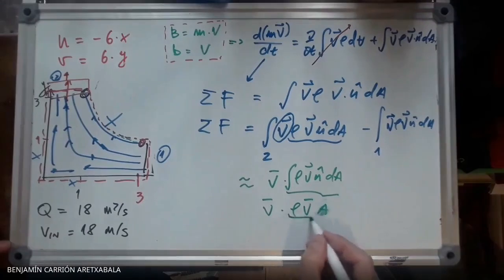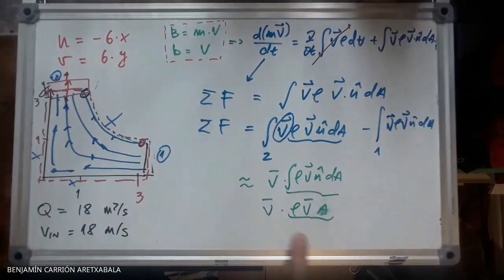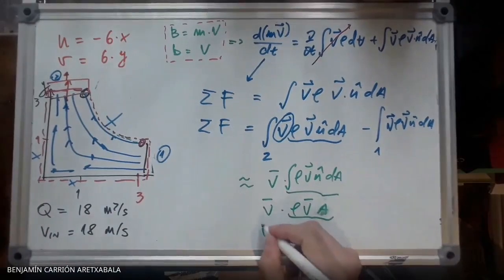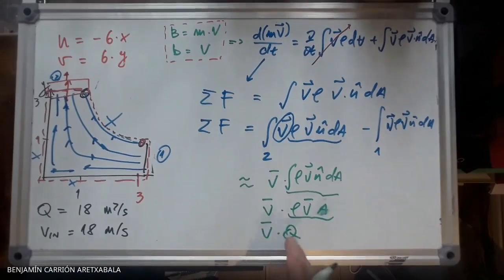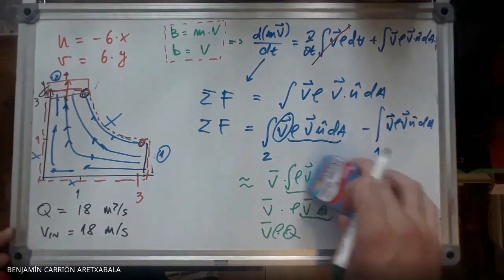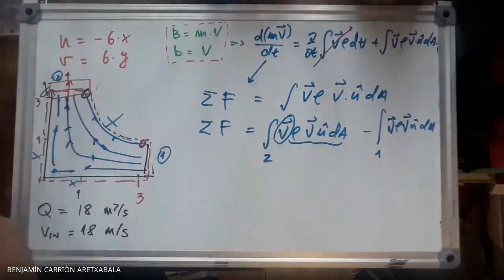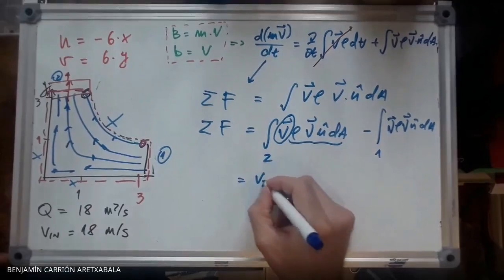And we call this Q. So we can approximate this to the average velocity times rho Q. This is Q. So we can approximate this to V2.